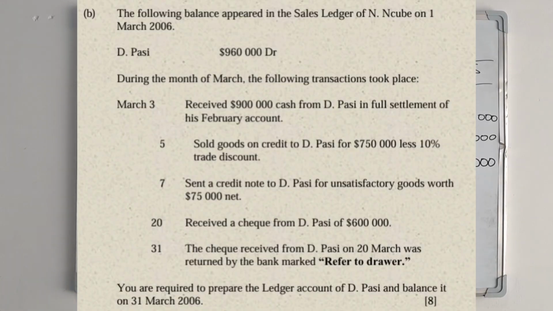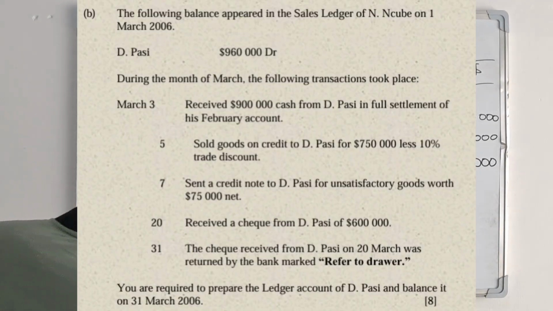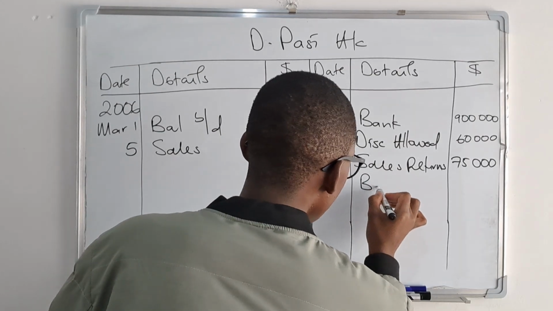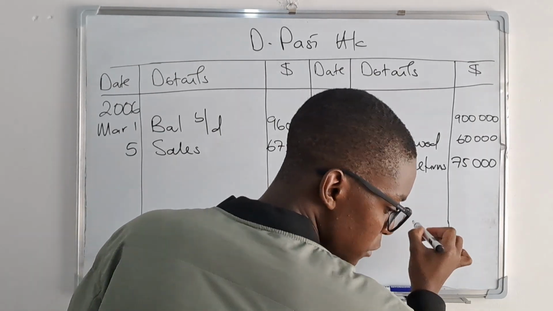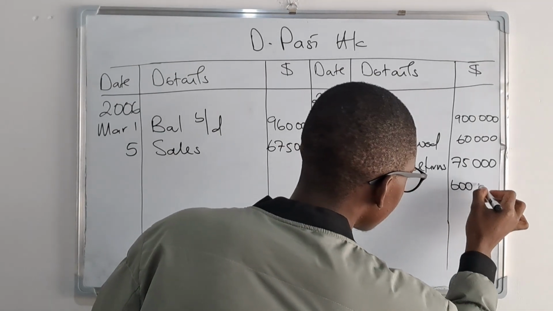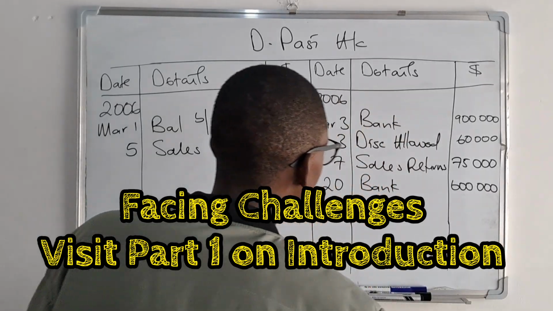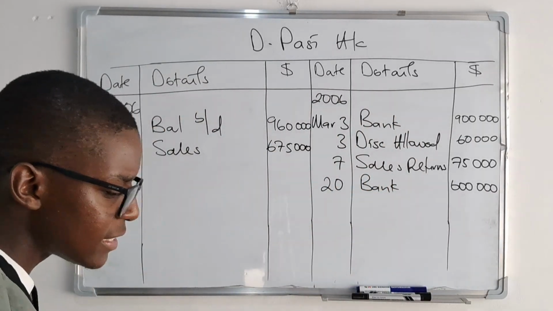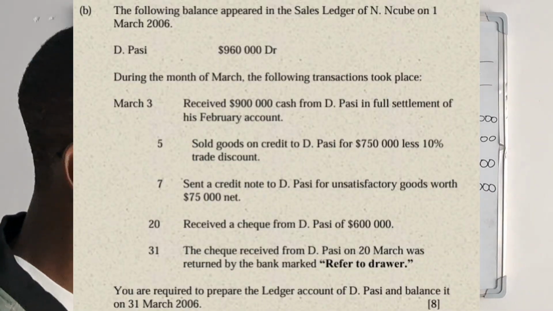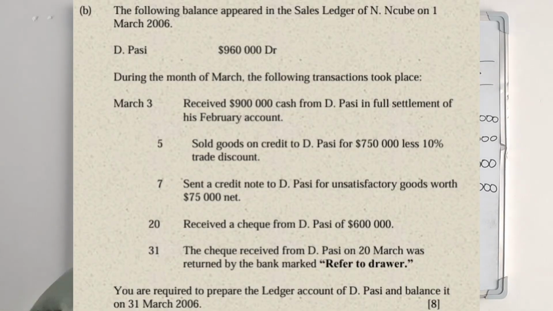On the 20th, received a check from D Parsi of 600,000. According to our format, we record bank on this side, which is 600,000. After recording bank, the check received from D Parsi on 20 March was returned by the bank marked refer to drawer.